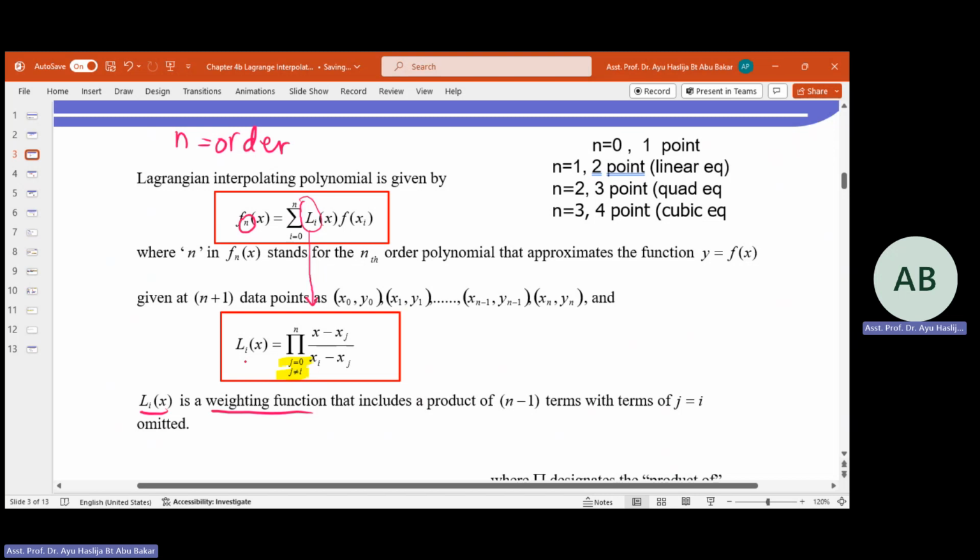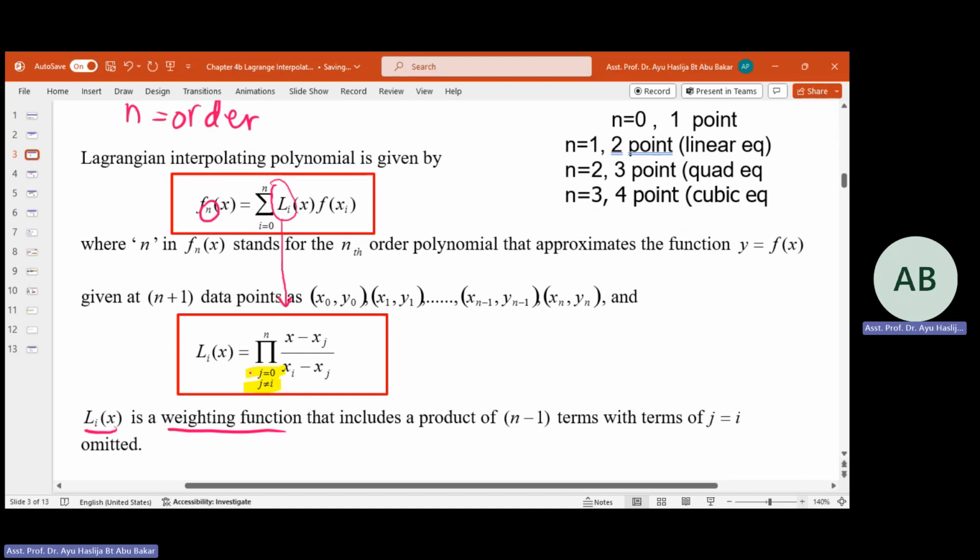I want to highlight the weighting function formula, L_i(x). The i always starts with 0.